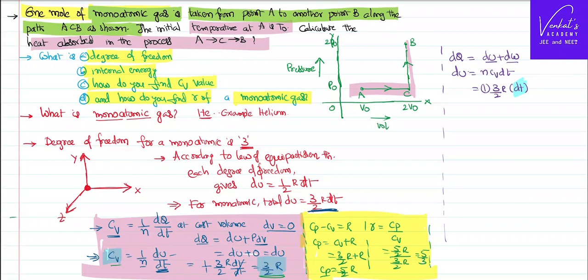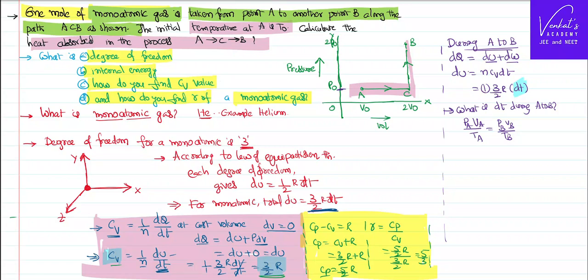So what we have to calculate is, during A to B, what is dT. What is the change in temperature when the gas moves from A to B? How can I calculate it? Being an ideal gas, we can apply the ideal gas equation, that PV by T equals constant. So PA VA by TA equals PB VB by TB.